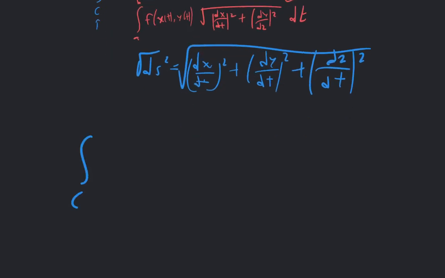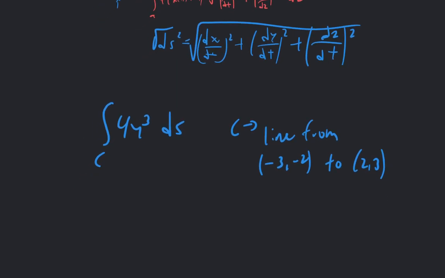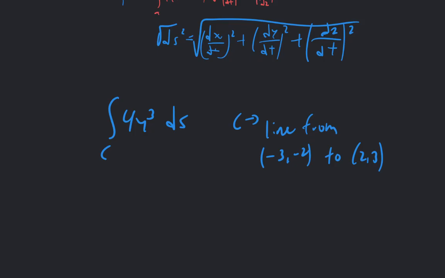If we have the line integral, let's say we're doing 4y cubed ds. Let's say the curve is the line from these 2 points, -3, -2 to 2, 3. We're also going to say t is running from 0 to 1, no bigger, no smaller.